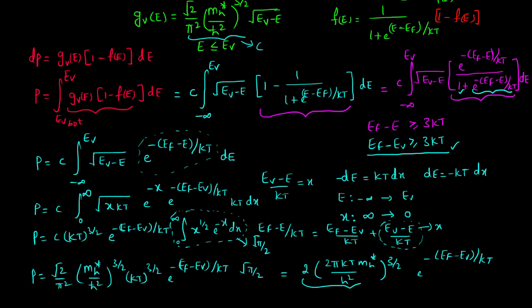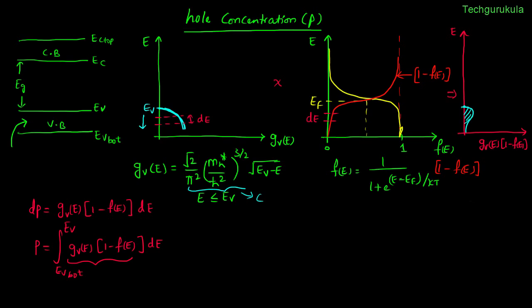We can take this entire term of constants as NV, representing the effective density of states in the valence band. We have found that this expression is actually given by P is equal to NV times e power minus of (EF minus EV) over kT, where we said this equation is valid under the condition that EF minus EV is greater than or equal to 3 kT, which we said is the Boltzmann approximation.